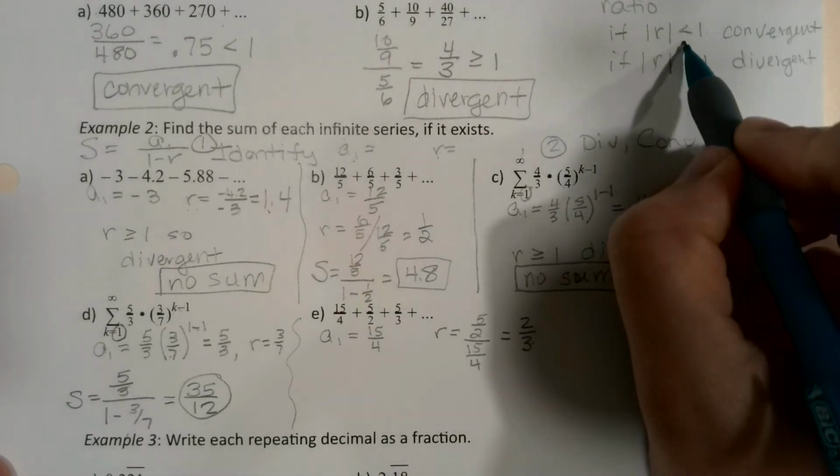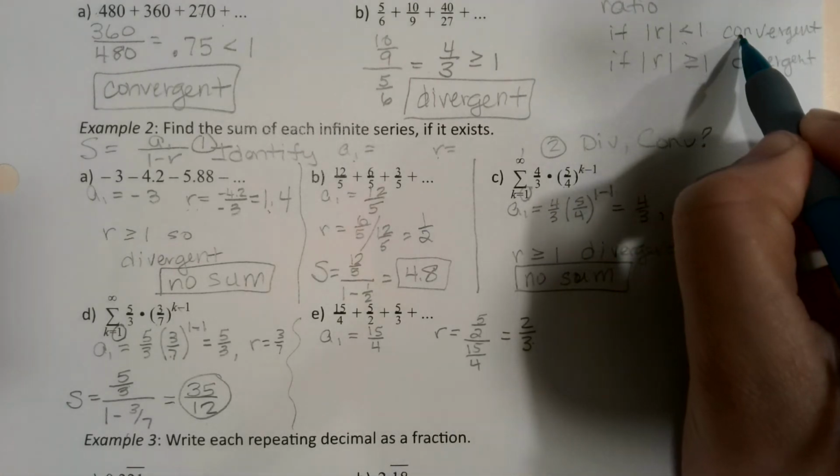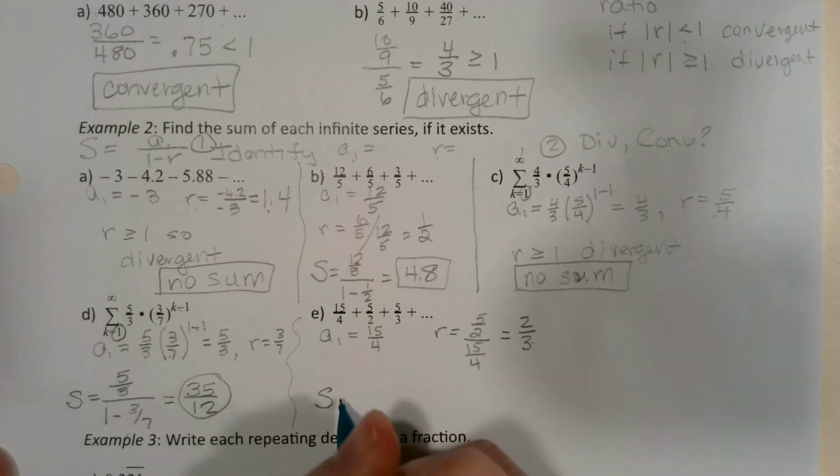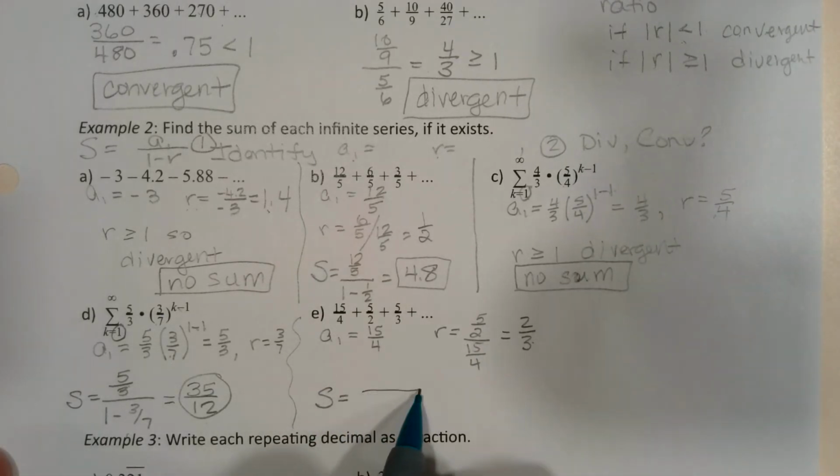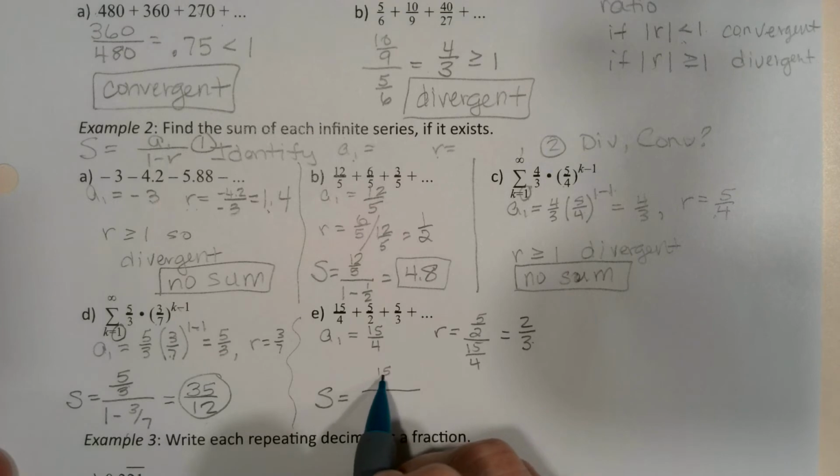2/3 is less than 1. It's a convergent series, so we do need to find the sum. And we find the sum by taking a, which is 15/4, over 1 minus r.